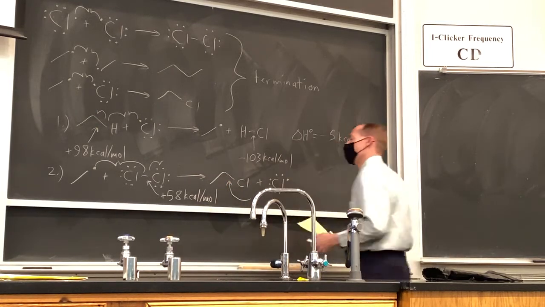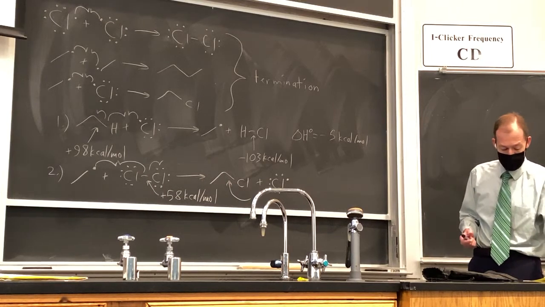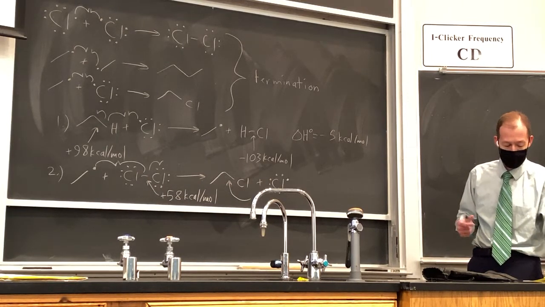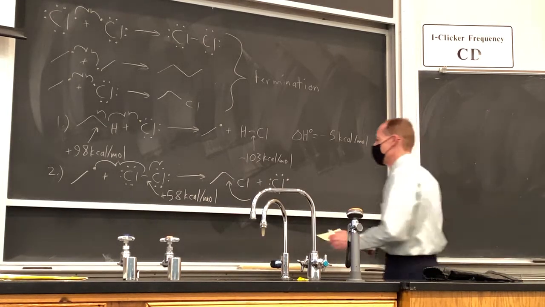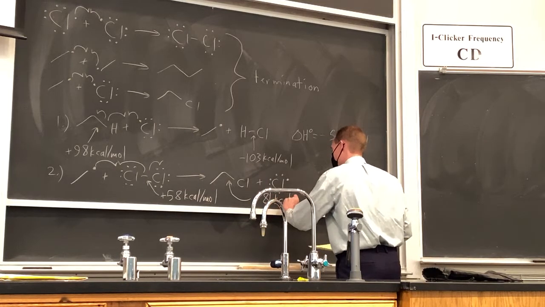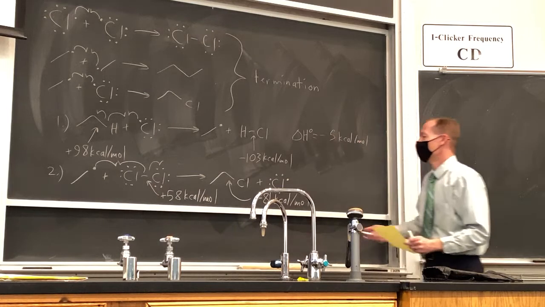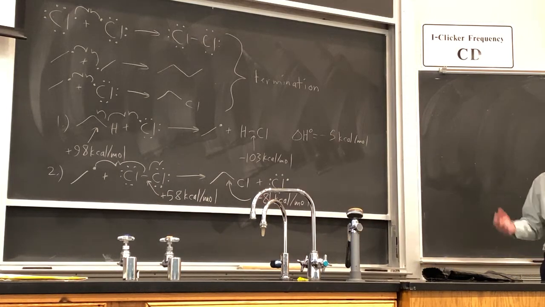And then the bond that we are forming is a carbon-chlorine bond. That bond is not as strong as the carbon-hydrogen bond, but it is still a strong bond, 81 kilocalories per mole, significantly stronger than the chlorine-chlorine bond that is breaking. We put a negative sign in front of that value, indicating that we're forming that bond. That's the amount of energy released by forming a carbon-chlorine bond.